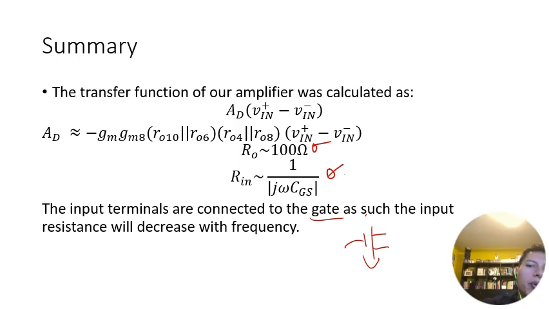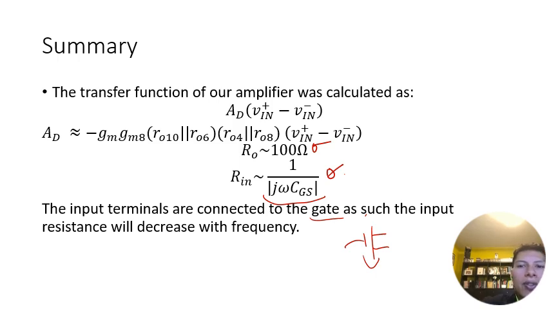Your typical output resistance is on the order of 100 ohms for the circuit that you're going to build in your lab. Of course, there are much better operational amplifiers, but they're also expensive. Getting a small RO, a high common mode rejection, and a very high frequency before this occurs is going to cost a lot of money. So you typically figure out what you're trying to do.